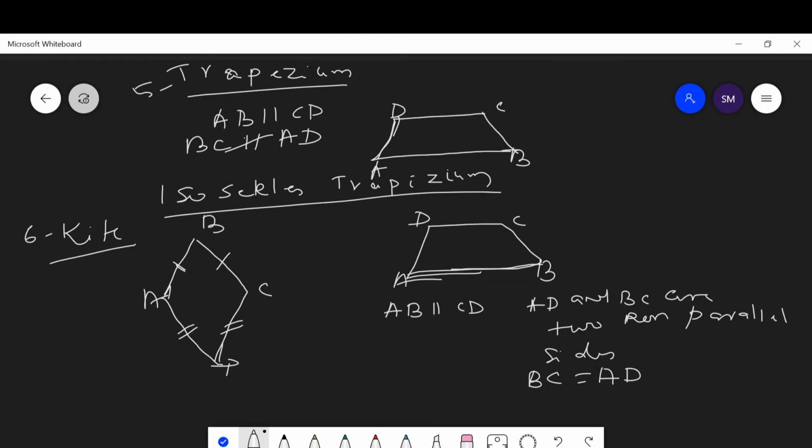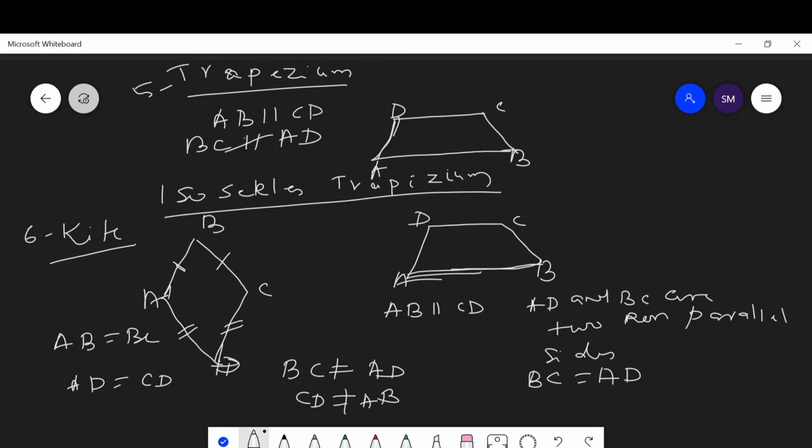A quadrilateral is called a kite if it has pairs of equal adjacent sides and unequal opposite sides. In kite, AB is equal to BC and AD is equal to CD. Adjacent sides are of equal measure but opposite sides are of unequal measure. In this case, BC is not equal to AD and CD is not equal to AB.